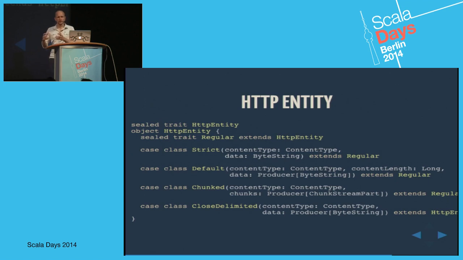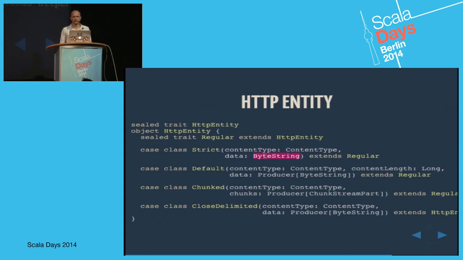Because this is where the streams come into the messages that we've talked about before, right? So this is an abstract data type. So there are 4 different entities in akka-HTTP. The simple one is strict. A strict entity is one that has a content type and it has a byte string. So you have the data already, right?